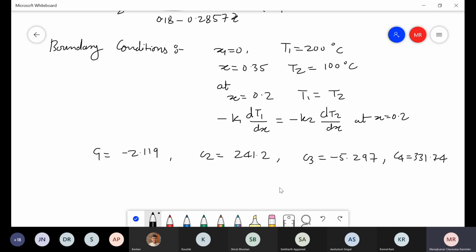K1 C1 is the same as K2 C3. If you look at the equation, you can clearly see that relation, isn't it? So if C1 you are getting negative, obviously C3 will also be negative. Just check.